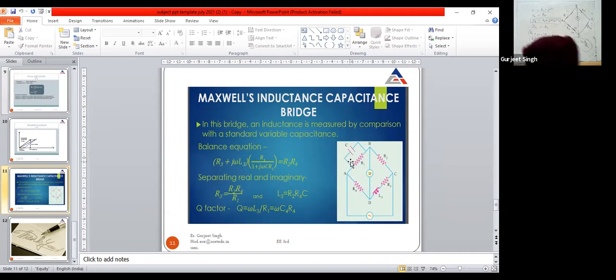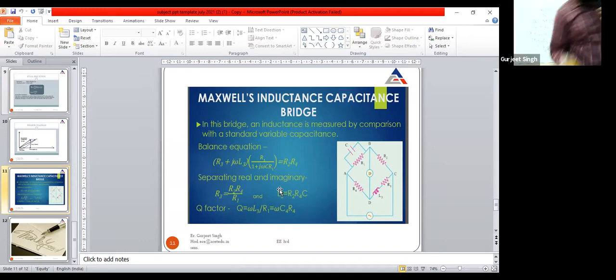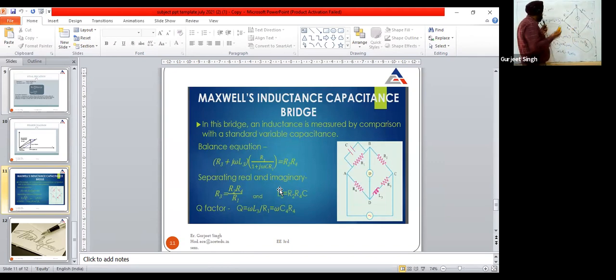Should I explain this bridge also, students? Yes, sir. Okay, beta. So I will explain on the board how to solve the equations of this bridge, and how to find the value of the unknown inductance and resistance using the Maxwell inductance capacitance bridge.